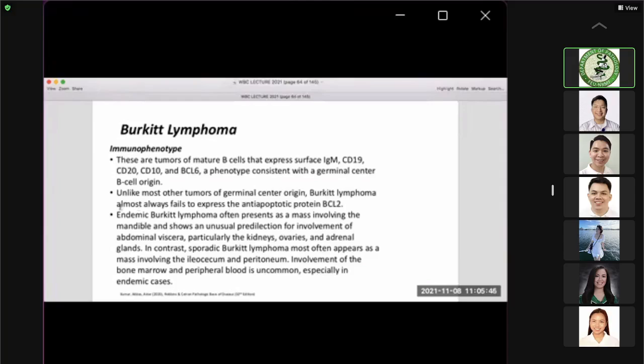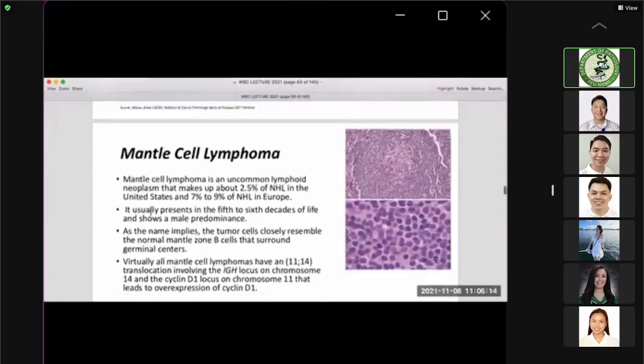Endemic Burkitt lymphoma presents as a mass involving the mandible, with an unusual predilection for the abdominal viscera, particularly these organs. The sporadic type involves the ileocecal region and peritoneum. Involvement of the bone marrow and peripheral blood is uncommon, especially in the endemic cases.